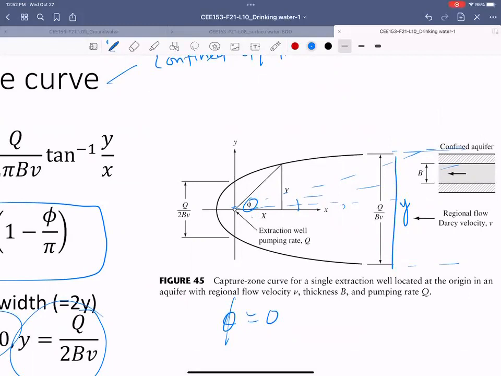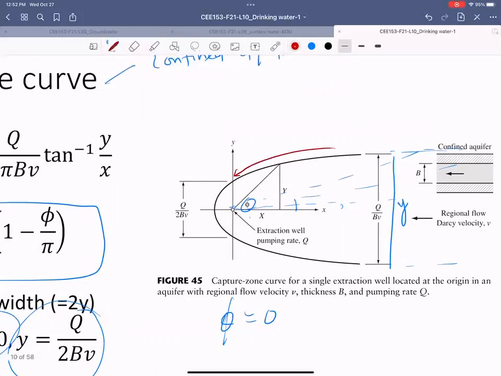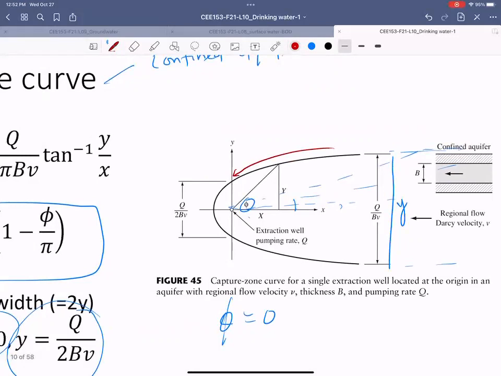But near the well, the width you are calculating is right near the well, because any water coming near the well you are going to miss. So imagine here, if there is a streamline coming here, you are not going to capture that water. So the width right near the well is the width we are calculating. But if somebody asks what's the width far away at infinity, that's the other width. Okay. Good question.